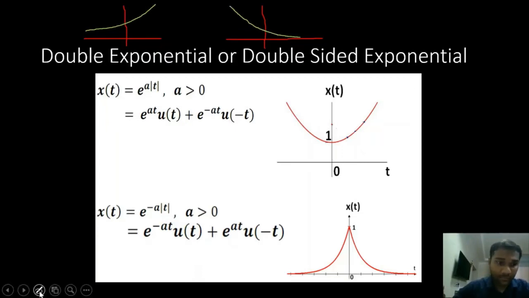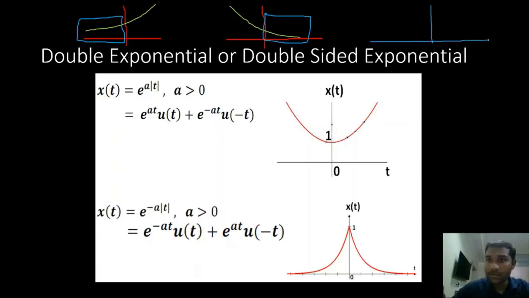So we'll just take the left half of the rising exponential, and right half of the decaying exponential. How does it look? It looks something like this. That is this. Right? What is the formula for rising exponential?